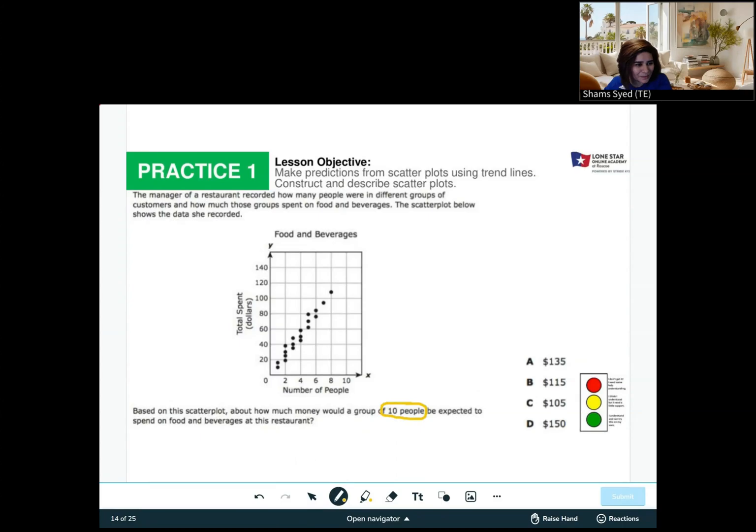So, Kyler, first, you do have a trend line. Now go to 10 people on the x-axis and prove that the number you got looks right. Go to 10 on the x and prove the number you got looks right.